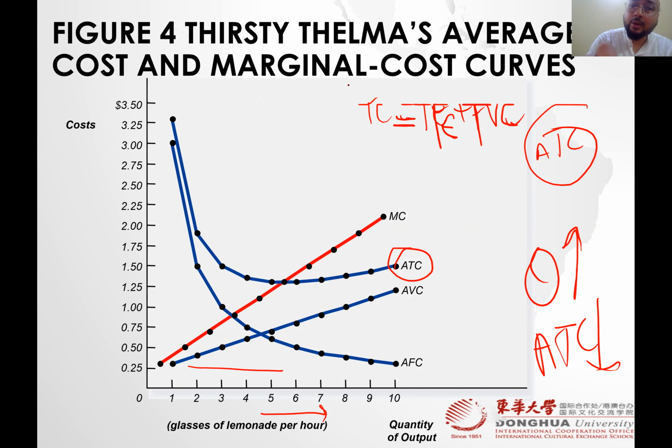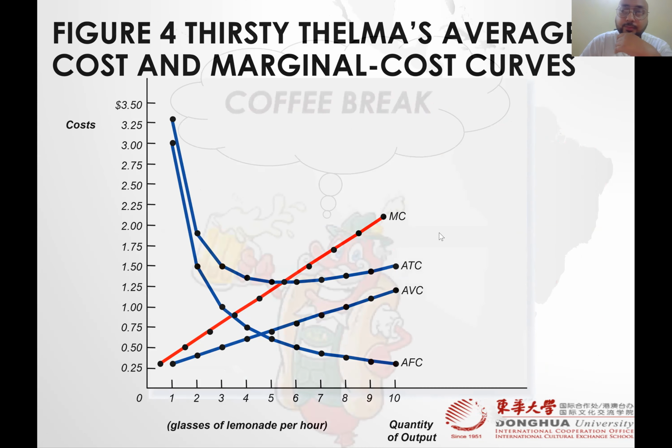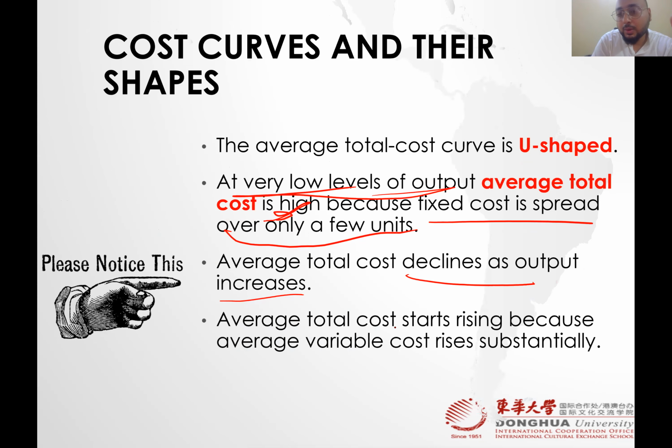So our total cost should rise with the level of output, but when we convert it into average cost, we see the marvel or the magic of average total cost: at low levels of output, cost is higher, but whenever we start increasing production, cost drops sharply and then keeps decreasing. Then average total cost starts rising because average variable cost starts rising substantially.